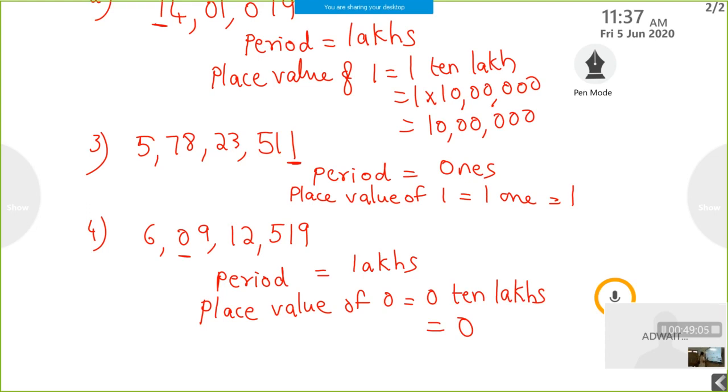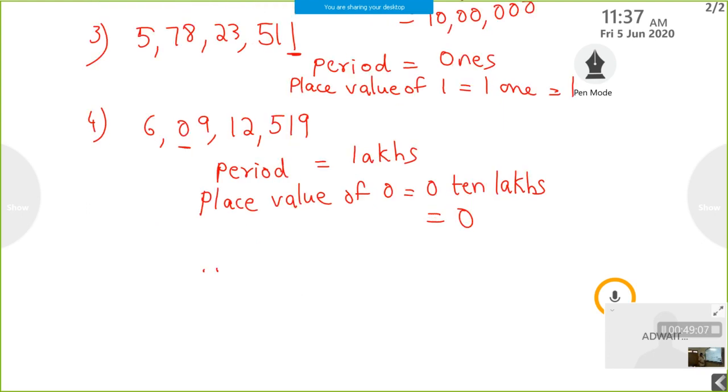The remaining questions of question number B of exercise 1.2 are also homework. I'll send today's notes also. Okay, homework. Exercise 1.1, question C, 4 and 5.